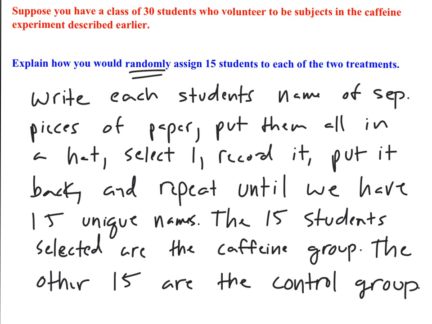They wouldn't get any caffeine, so we could just see what's going on with their heart rate with no treatment. So this really illustrates two things. You'd have a control group, and now you've got the random assignment. Those are two elements that are moving us closer to an experiment that we would call well-designed.